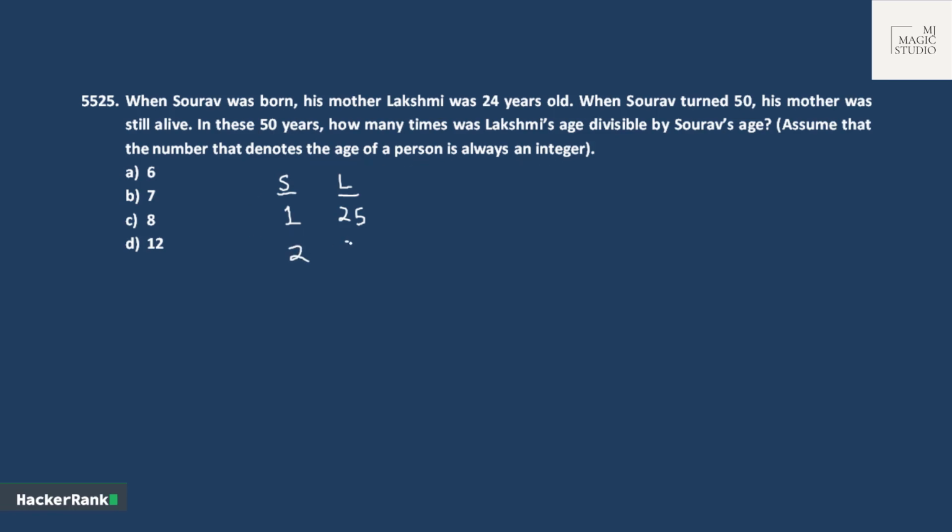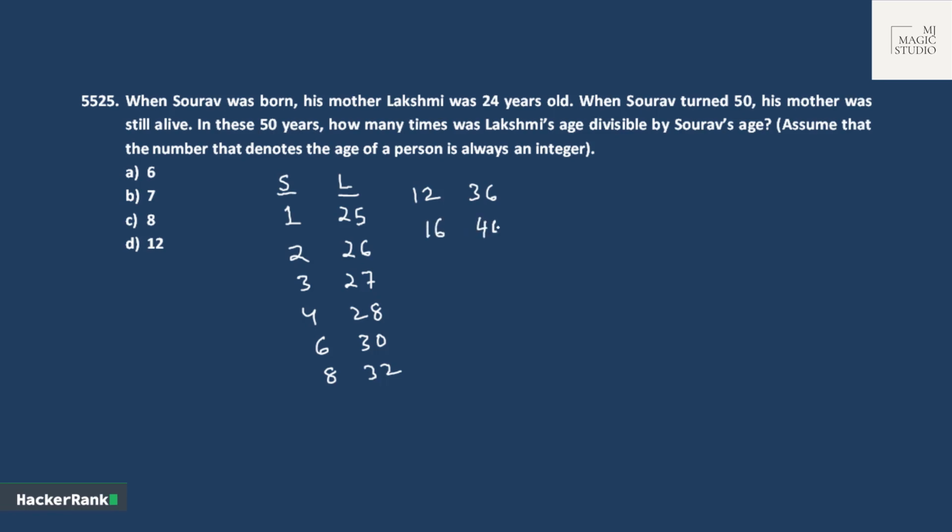So when Saurav is 2 years, Lakshmi is 26. We can have 4, 28. 5, 29, I'll leave. 6, 30. 7, 31. 8, 32. 9, 33. 10, 34. 11, 35. 12, 36. 13, 37. 14, 38. 15, 39.